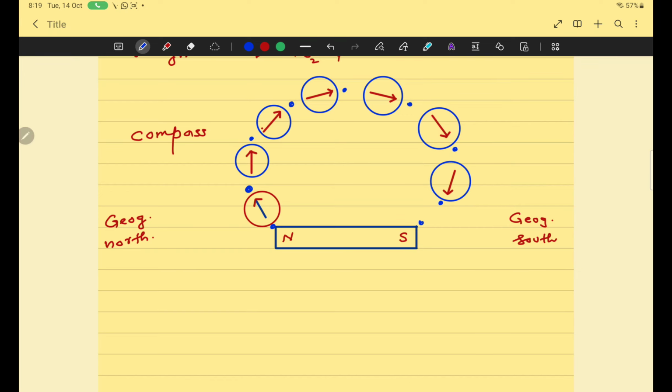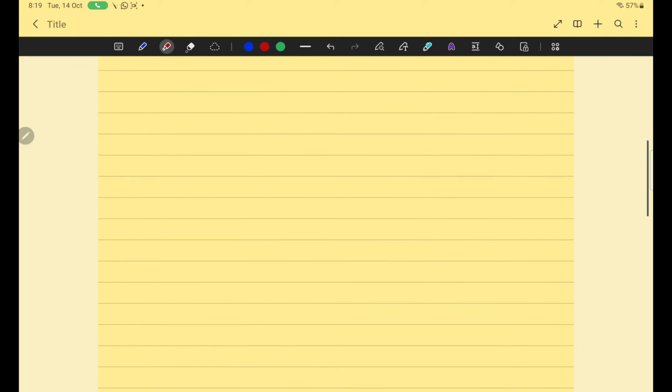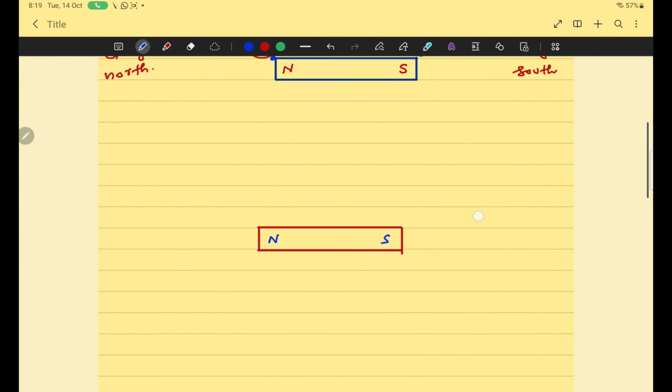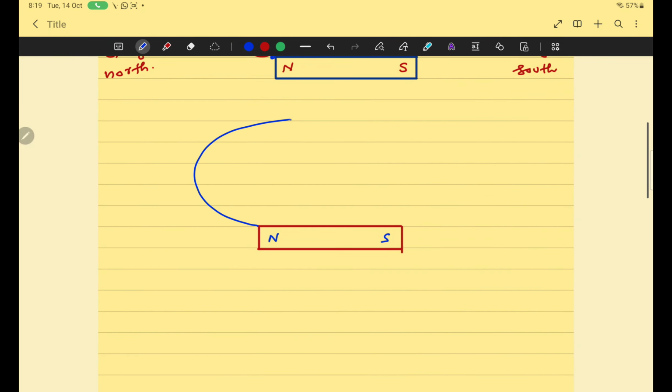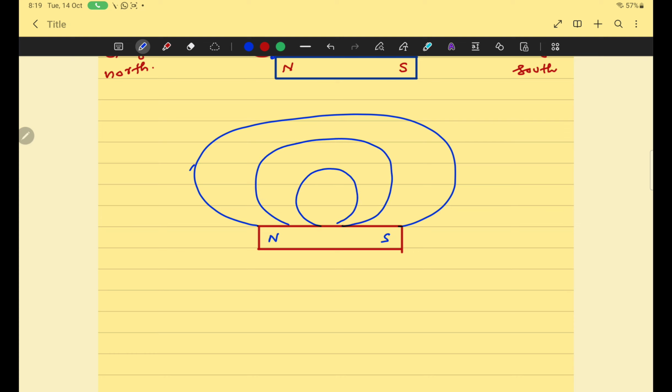If you join all these points, it is like this. This is the north pole, this is the south pole, and if you join all the points, you will find this kind of magnetic field.